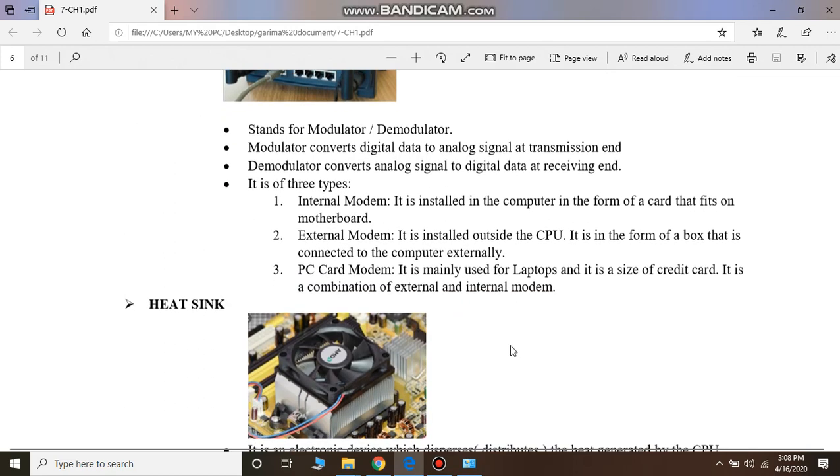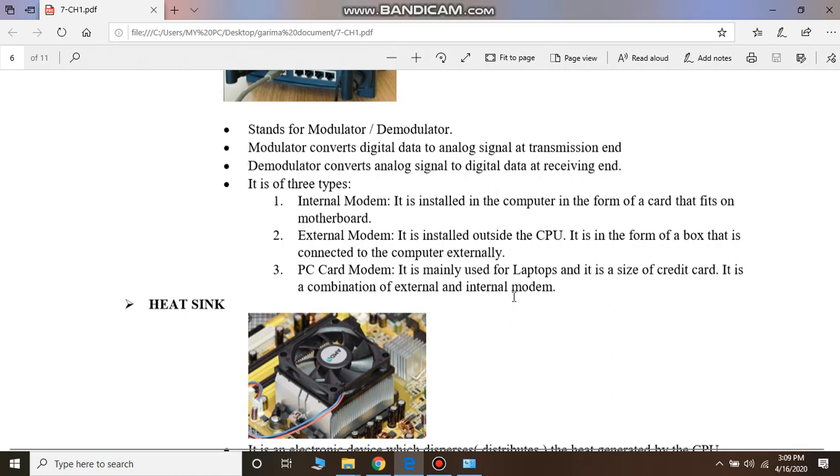Let's say there are two computers connected through a telephone line. Computer 1 wants to send a file to computer 2, and they are connected with a telephone cable. Now the computer works on digital signals and the telephone line works on analog signals.